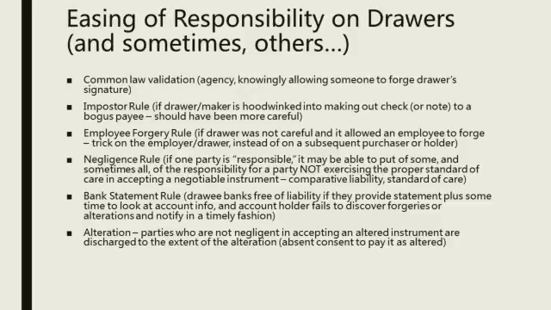The state check cashing company. That's the imposters. If somebody is hoodwinked by the imposter, that should be the responsibility of the person hoodwinked, not his or her bank. So the drawee bank can avoid liability if the bank can show that the actual party who signed the check, and it was properly signed, but to the wrong party, right?